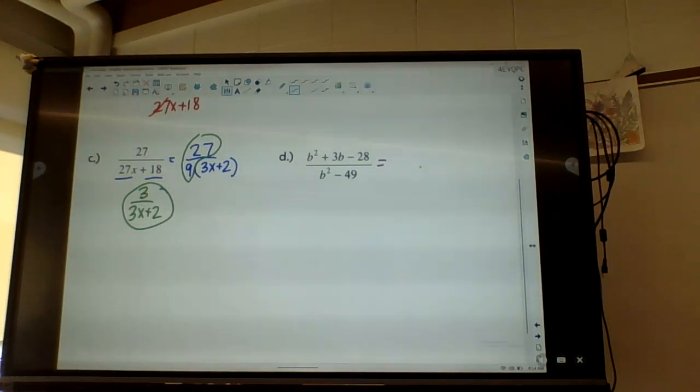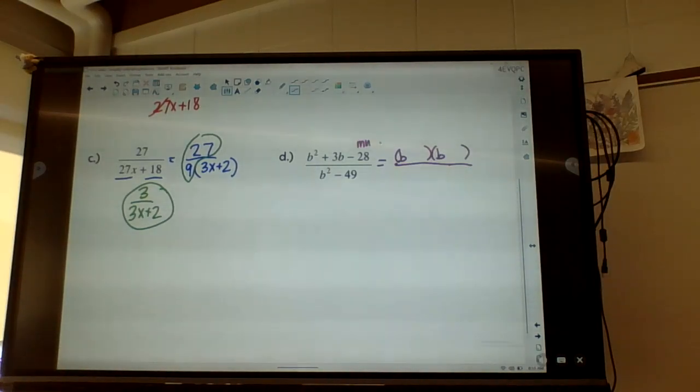Now these both start with b squared, and they actually both don't have a GCF. Now this first one has 3 terms, so I know it's going to be b and b. I want to multiply to negative 28, but add to 3.